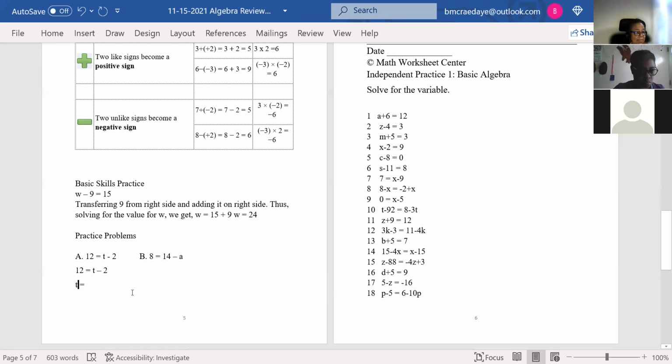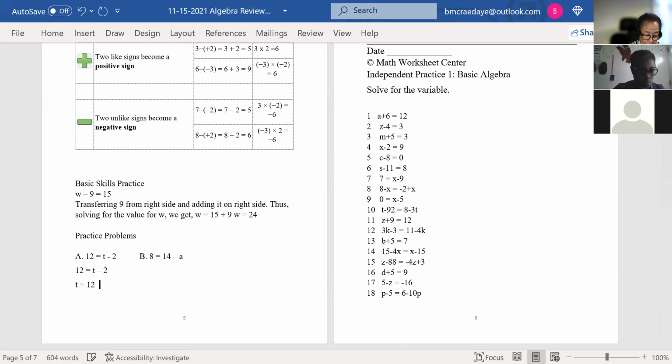If 12 is t minus 2, what is t? What number do you subtract 2 from to give you 12? What's the number? 14. It's because you add 2 to both sides.